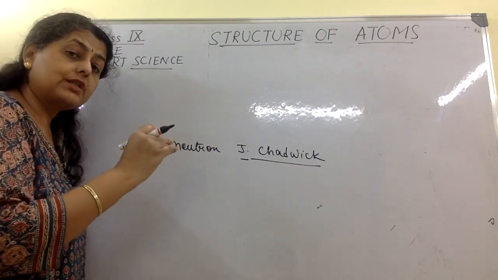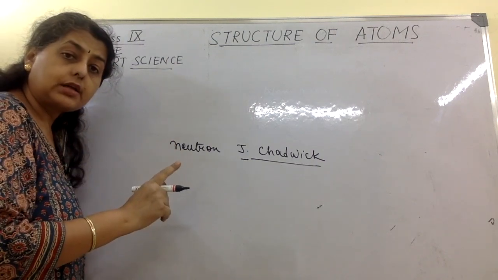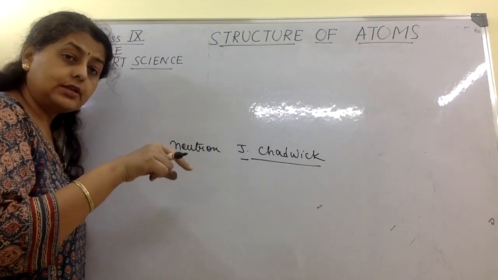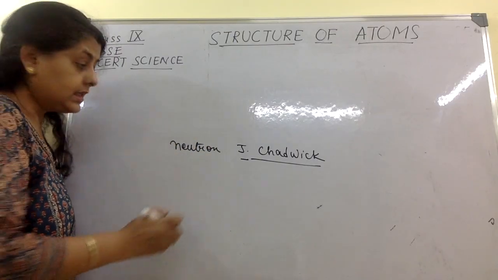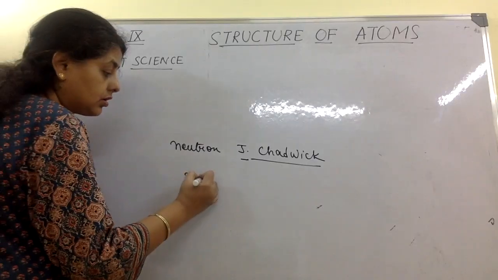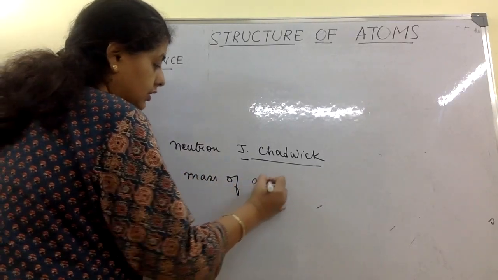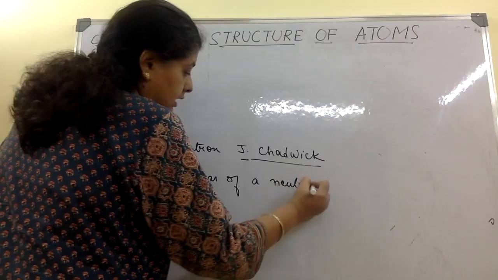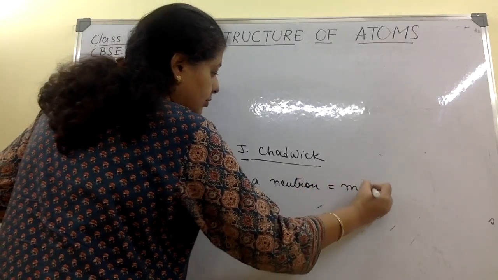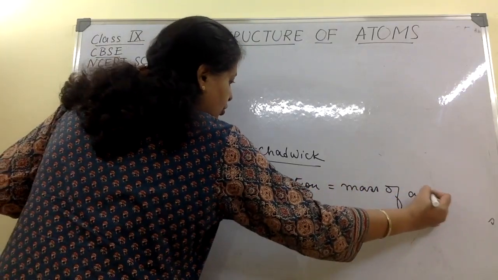James Chadwick said no, there is one more subatomic particle with the proton inside the nucleus, which is called a neutron. He said the mass of a neutron is equal to the mass of a proton.